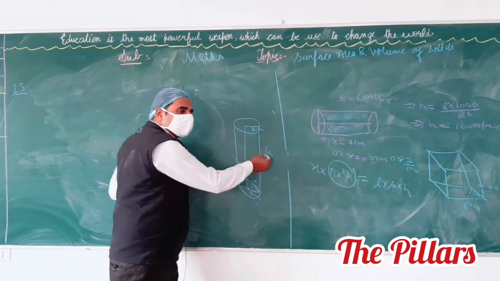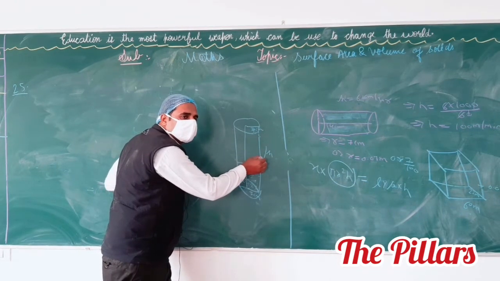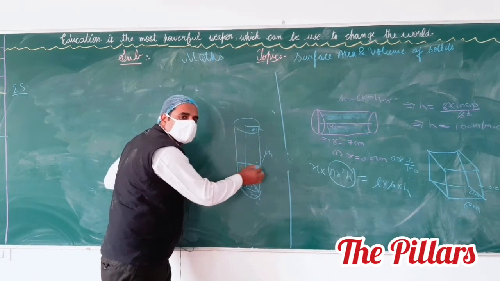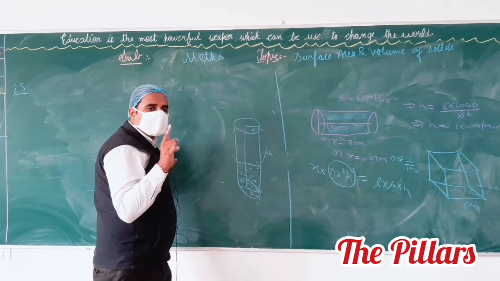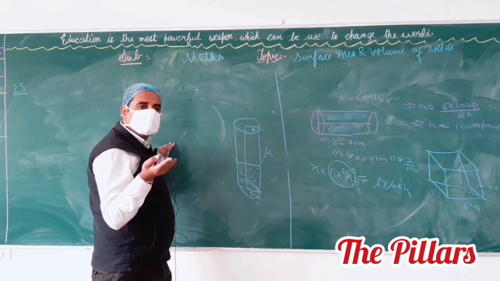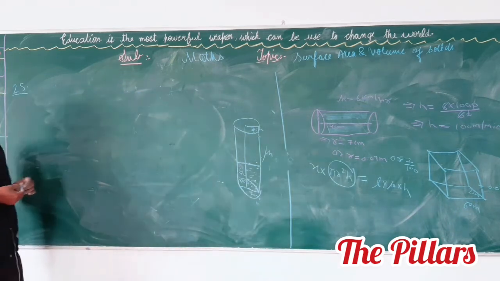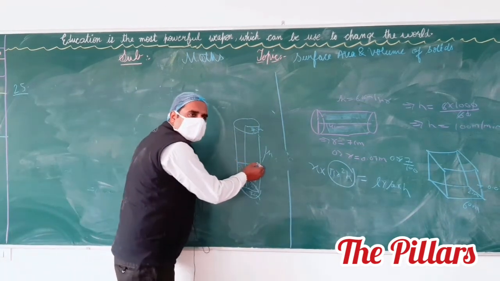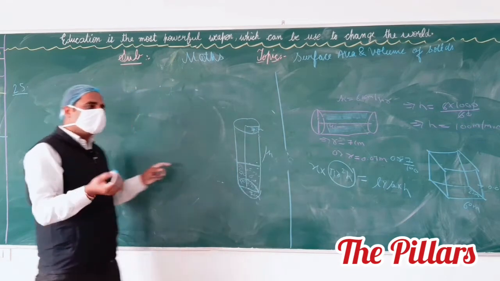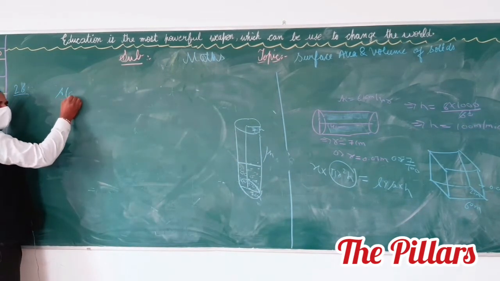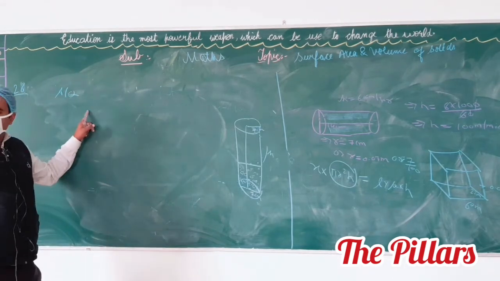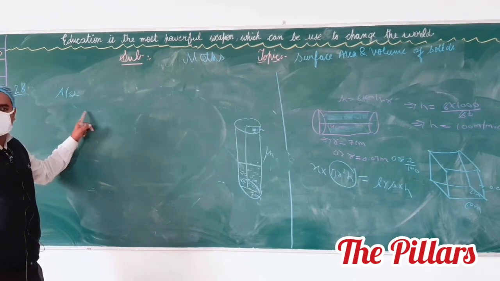It means the volume of 150 spherical balls equals the increased volume of the cylinder, whose radius is r always, so pi r square. Directly you have to solve the question according to the question.